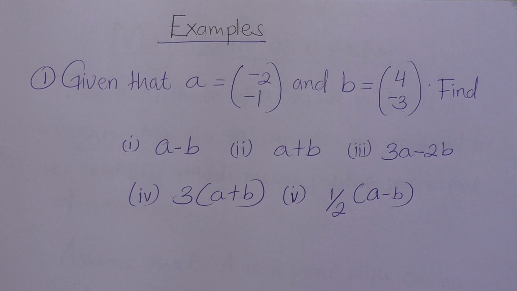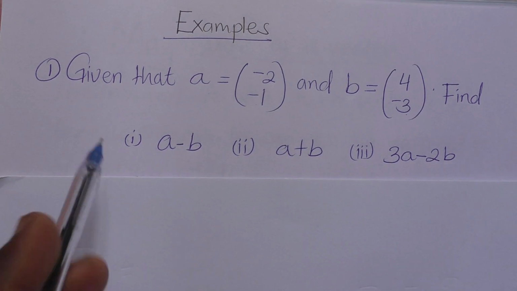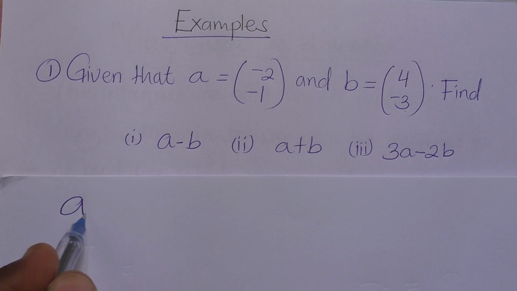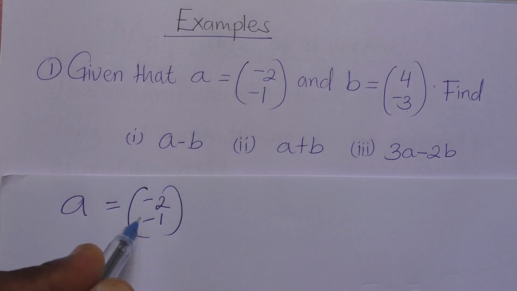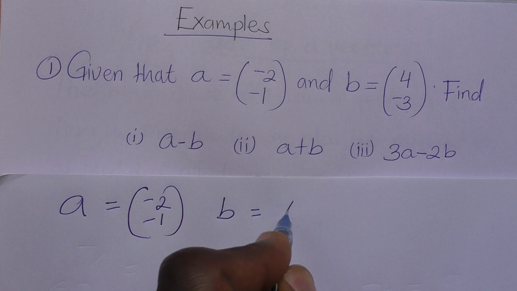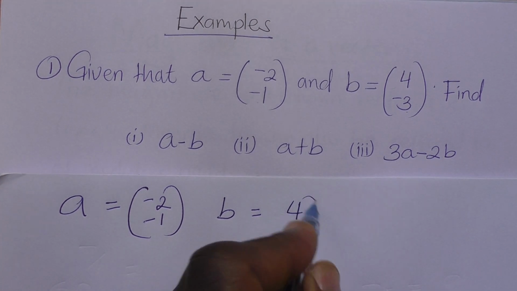So we've seen that when adding or subtracting vectors, we do so with corresponding components. This is what we mean. We have A as -2, -1, and B as 4, -3.